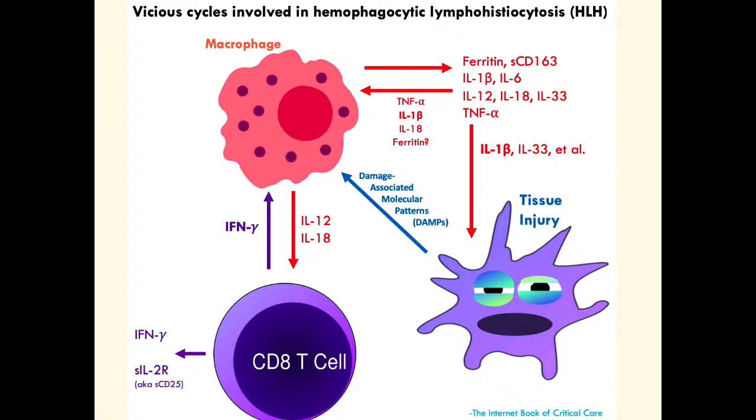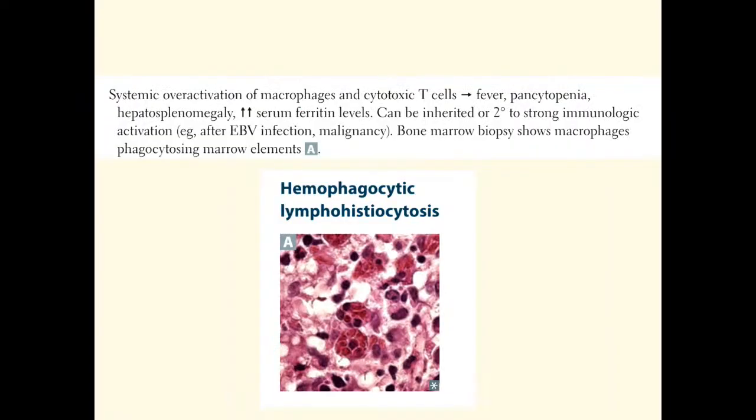And other than interferon gamma, which is the main activating factor for macrophages, you also know macrophages release many cytokines like interleukin-1, TNF, interleukin-6, and all this leads to activation of many macrophages, and also sometimes we have other cytokines that lead to CD8 T cell activation, and therefore we have tissue damage.